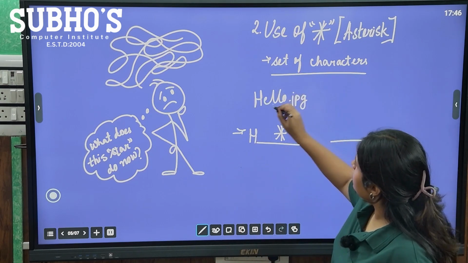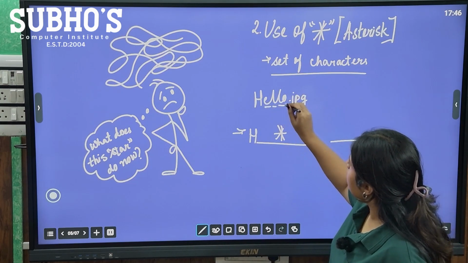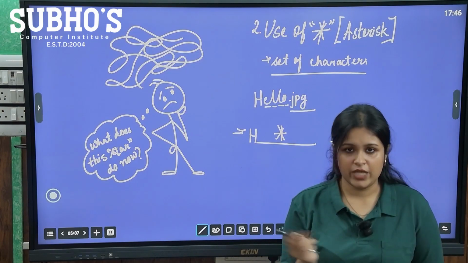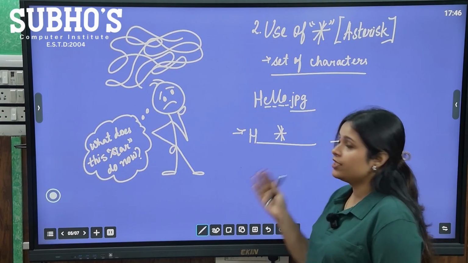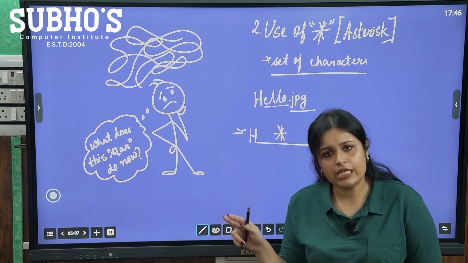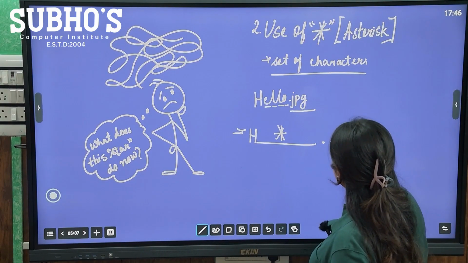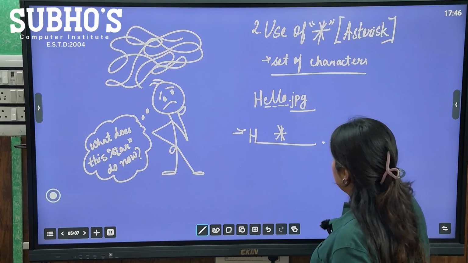Here we have basically 4 characters, and as far as the extension is concerned, we have 3 characters. But since we don't remember the extension or what comes after H, we will use the asterisk in the place of the extension as well.